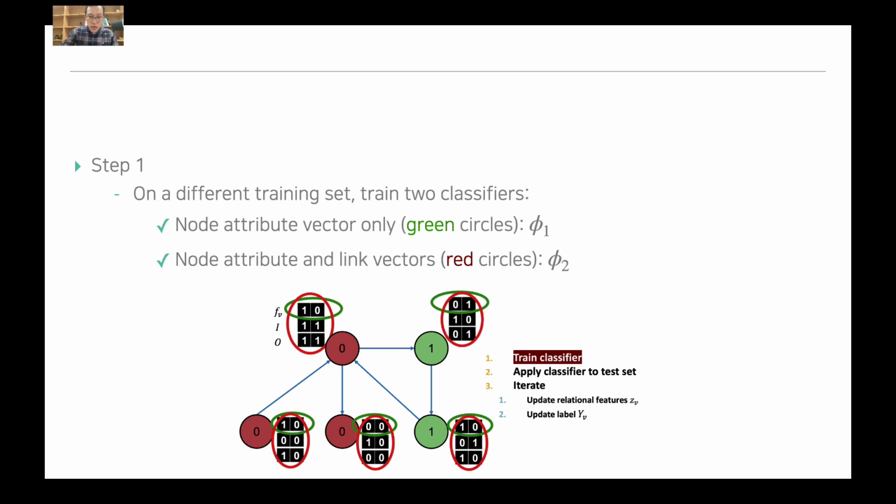And we train the classifier. So remember Pi 1 and Pi 2, right? Pi 1 takes just the attribute vector, Pi 2 takes all the information.